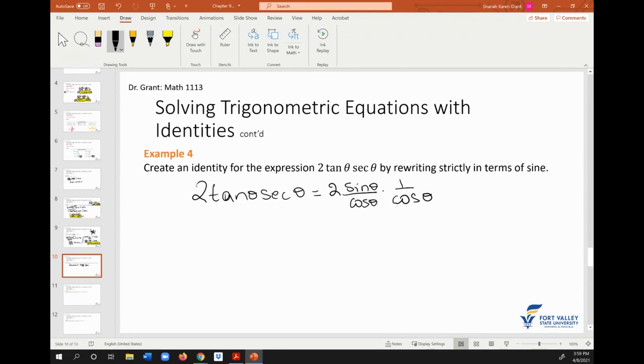So then at the top, what do we have? So that means we'll have on our numerator 2 sine theta divided by cosine times cosine, which is going to give me cosine squared theta.